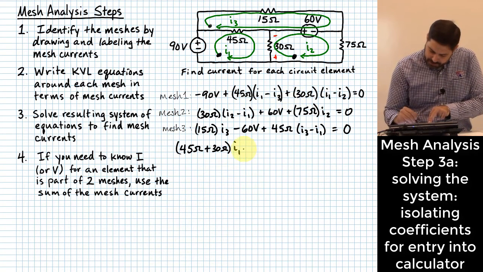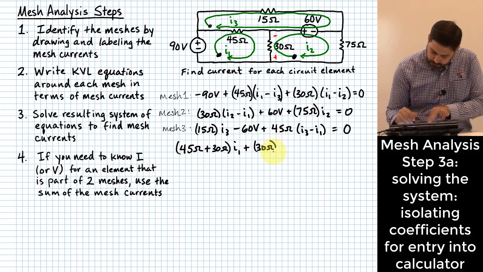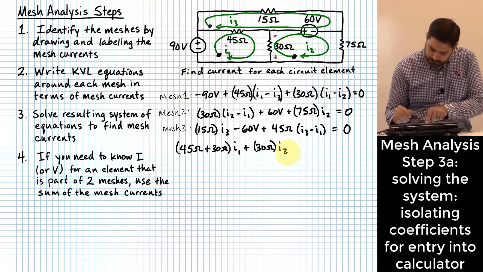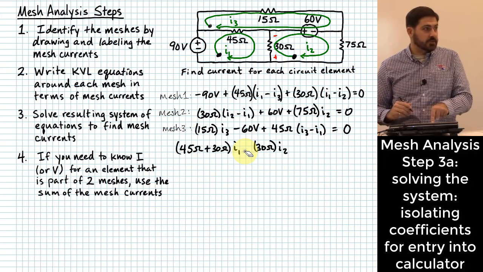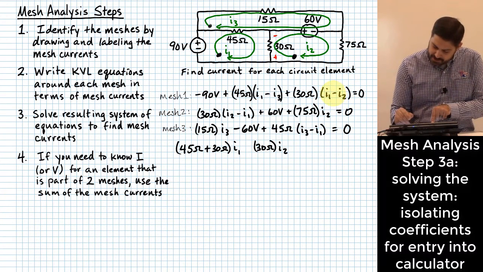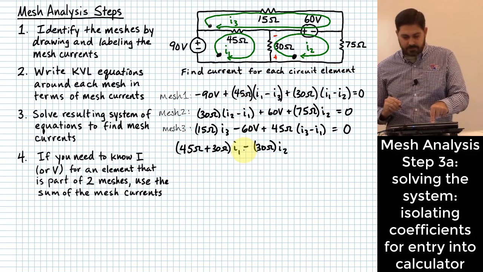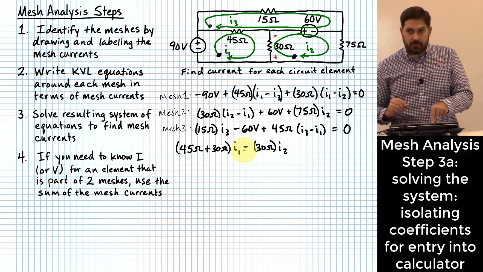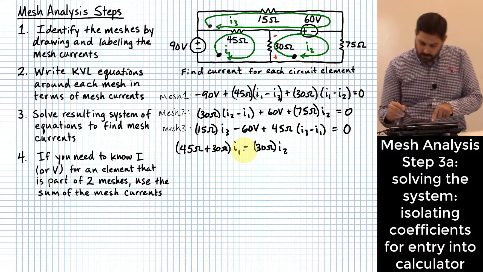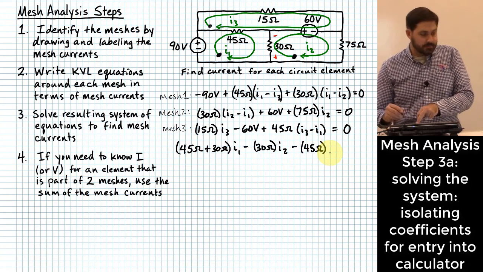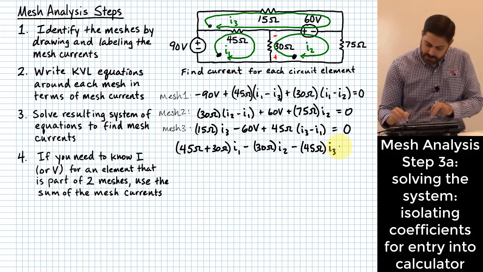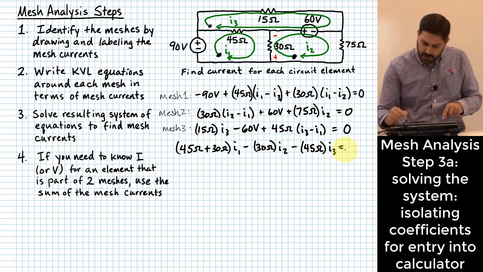Okay, plus 30 ohms, I2. Okay, excuse me, good catch. I said plus. Is it plus? No, there's a minus sign right there, so thank you for catching me on that. Okay, then what? Okay, minus 45 ohms times what? I3. All this is equal to, okay, 90 volts.